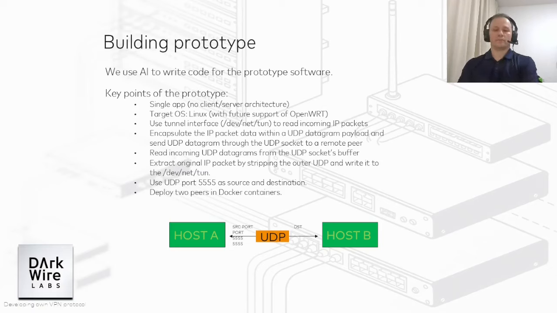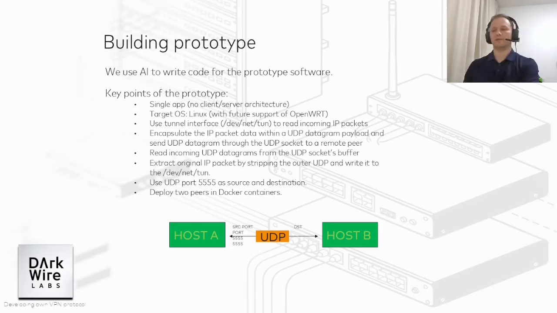So it will be decapsulated and sent out from the operating system kernel. In this example, both source and destination ports will be the same. I decided to use port 5555. The transport protocol is UDP.